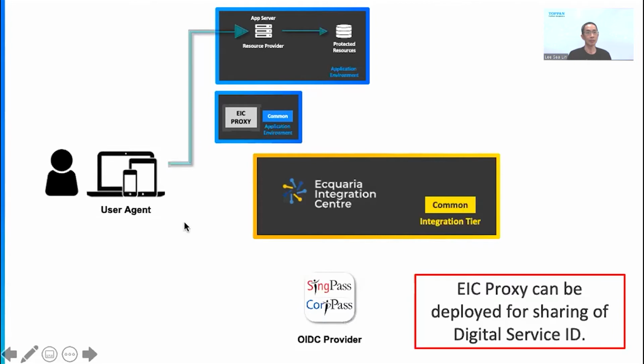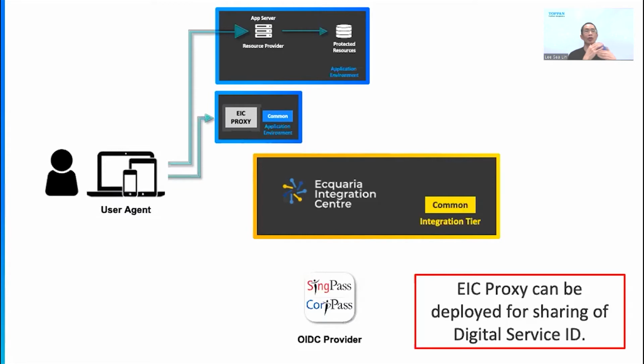Okay. So the flow is like this. The user will connect to the application server to ask for a protected resource. But this time, before redirecting to SingPass, it will be redirected to this EIC proxy.